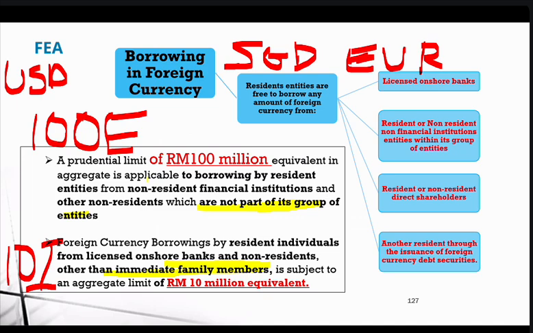JG borrows USD 15 million from his father, who is non-resident. Did JG violate the FEA rule?